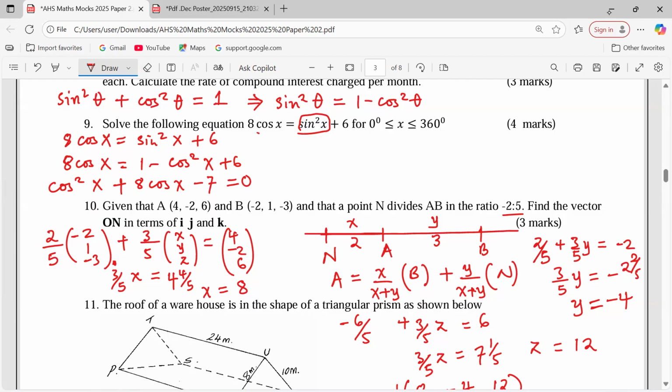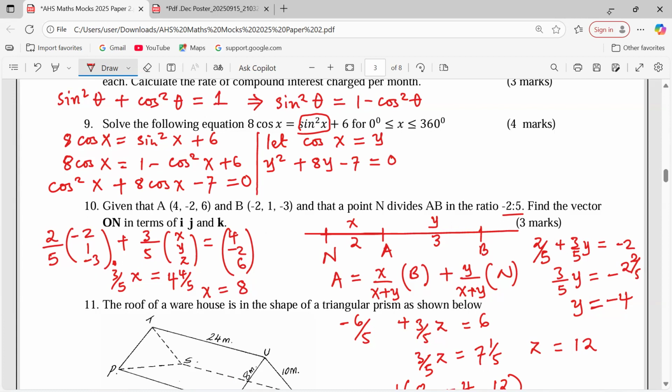To make it simpler, we can let the cosine of x be a certain unknown like y. If we let it be y, then we'll have y squared plus 8y minus 7 equals 0.